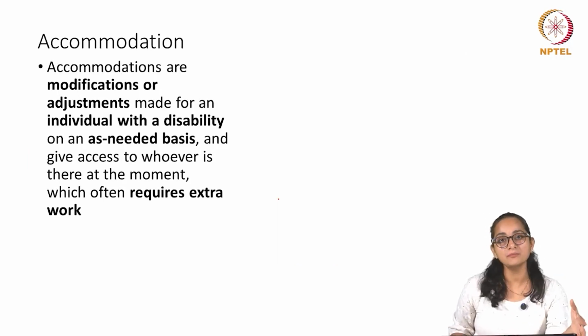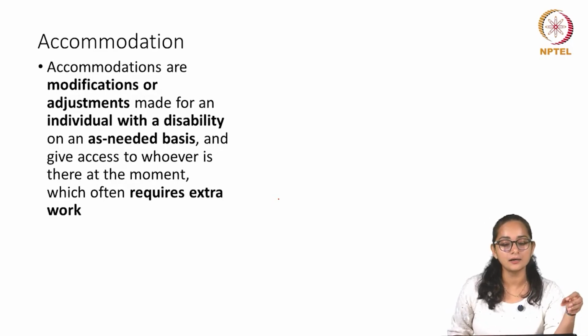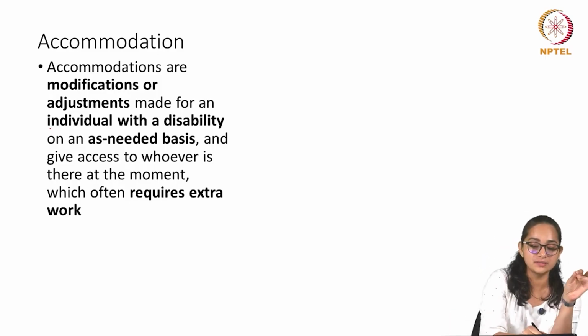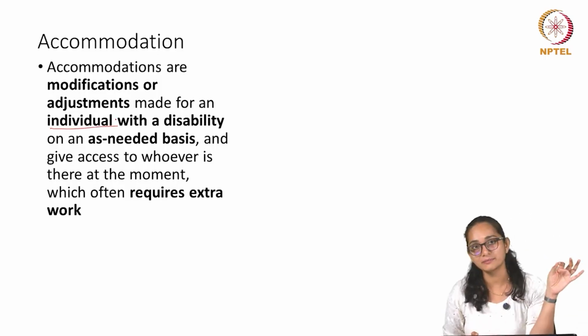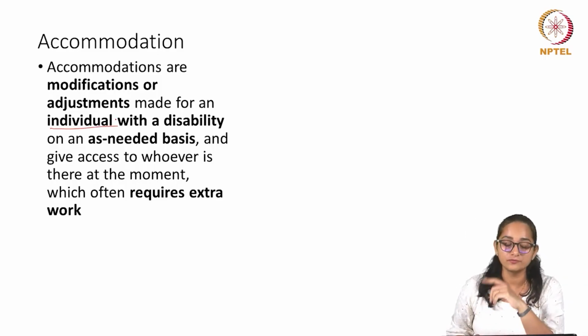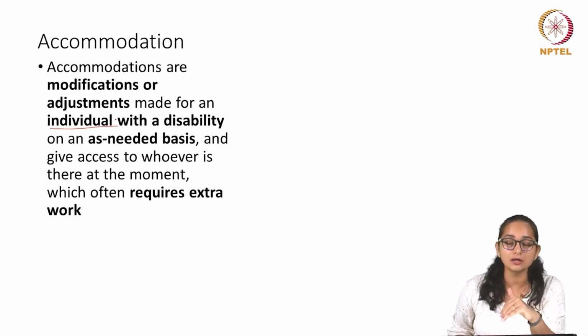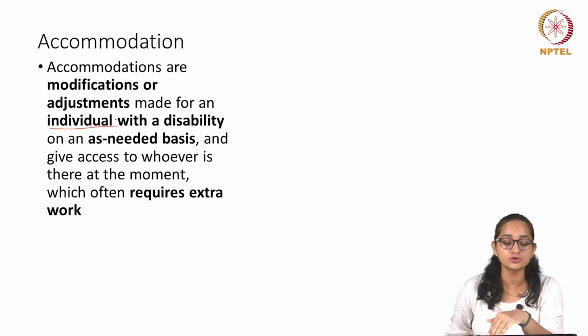Accommodations, as per a definition, are modifications or adjustments made for an individual. This is the most important aspect of the definition. It is not an inclusive solution, it is not a universal solution.